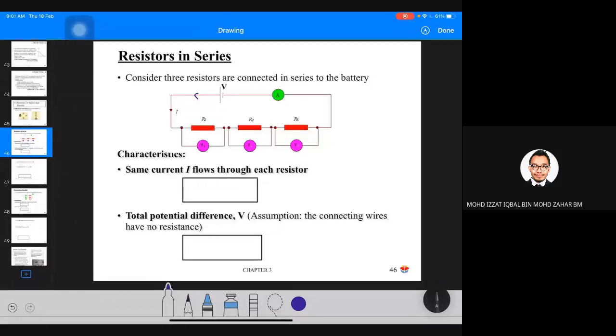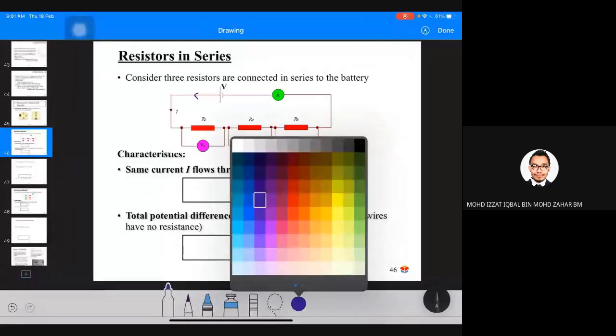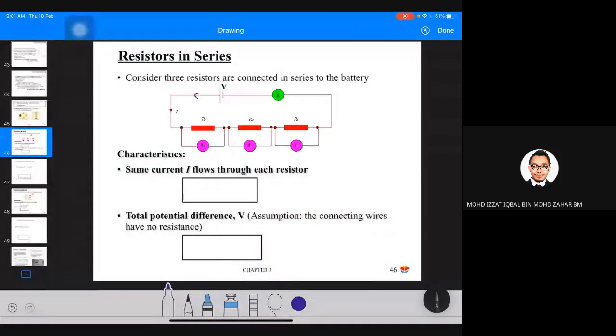Okay, so that means total up, you still get 10, but because this one is series, dia terbahagi kecil-kecil lah. Kalau dia parallel, dia sama je semua. So itu properties of V dengan I ni kamu kena faham.